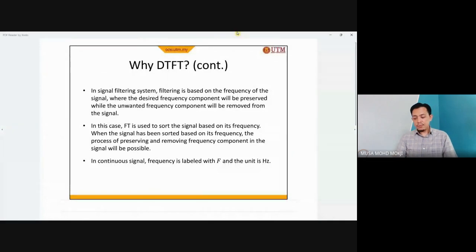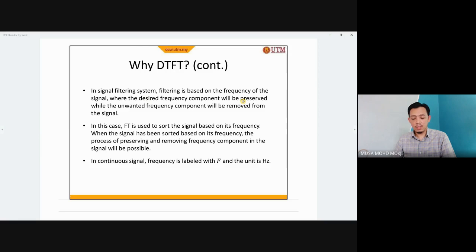For our case, what we will do is filtering. In a signal filtering system, filtering is based on frequency, because a signal has a frequency. The idea is that when we want to do filtering, we are filtering frequency. That's why you have heard about low pass filter, high pass filter, band pass filter, band stop filter.